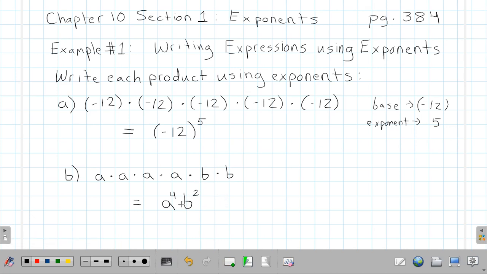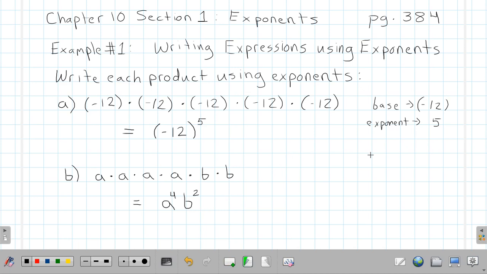Now, if you feel more comfortable, you can add the little dot in here to represent multiplication. But in general, if you have two variables right next to each other, even if they have exponents, it is understood that this operation is multiplication. So you have a to the fourth power times b to the second power.